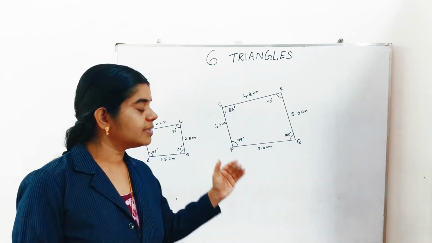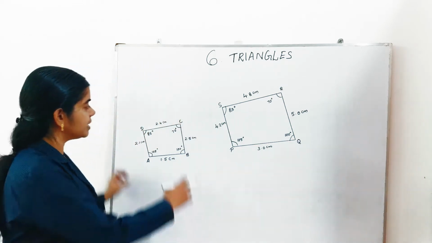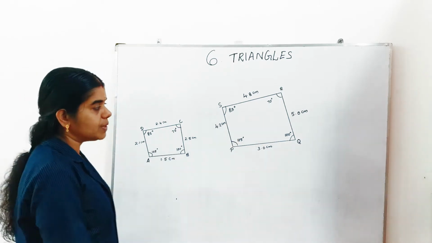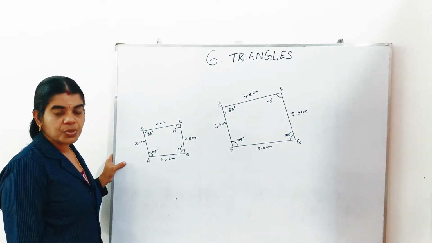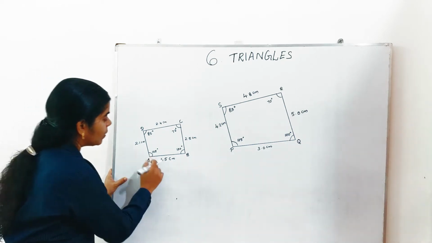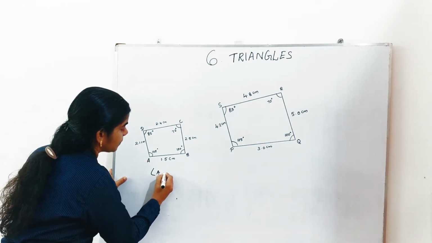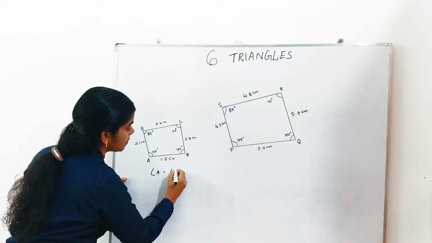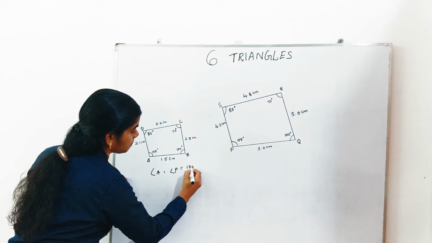We can check that. Here I have written two polygons ABCD and PQRS. We want to check whether these two polygons are similar or not. Angle A is equal to 105, and here angle P is also 105.